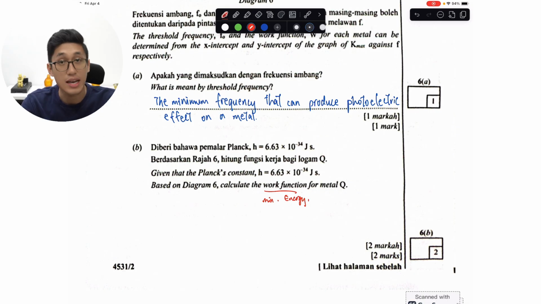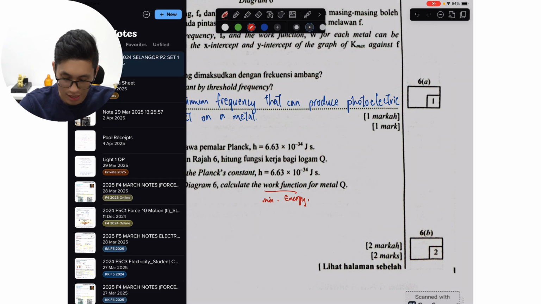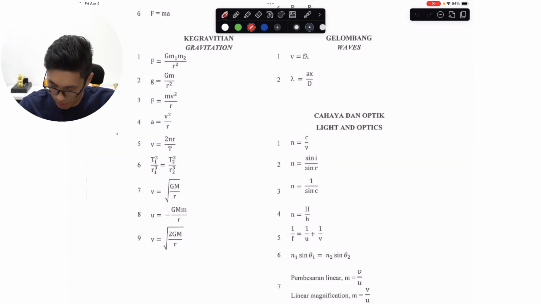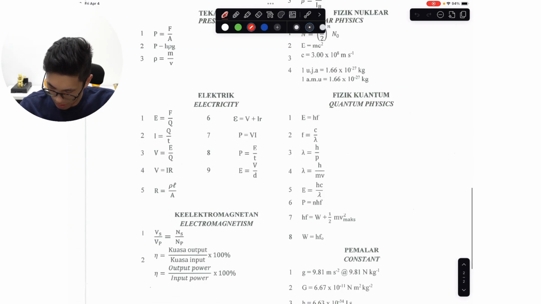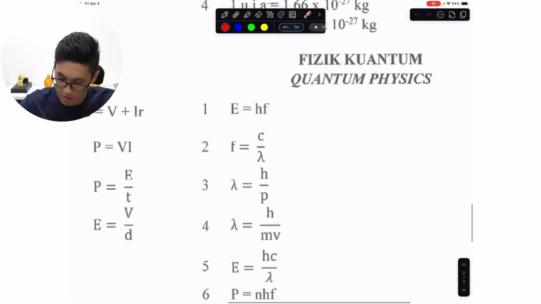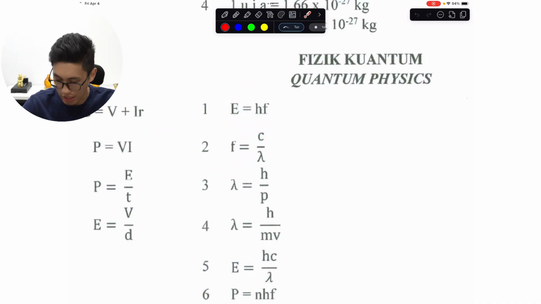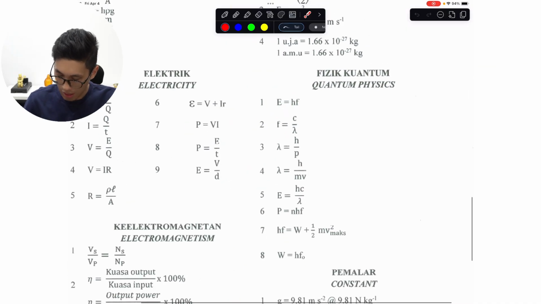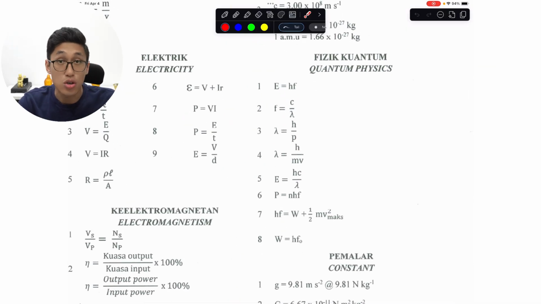Now, in case you didn't know, the energy of a photon is equal to hf. You can get this from the formula sheet as well. Under quantum physics, you can see E equals hf. So the minimum energy would also be equal to hf, where the f you're going to use is the minimum frequency, which is the threshold frequency.